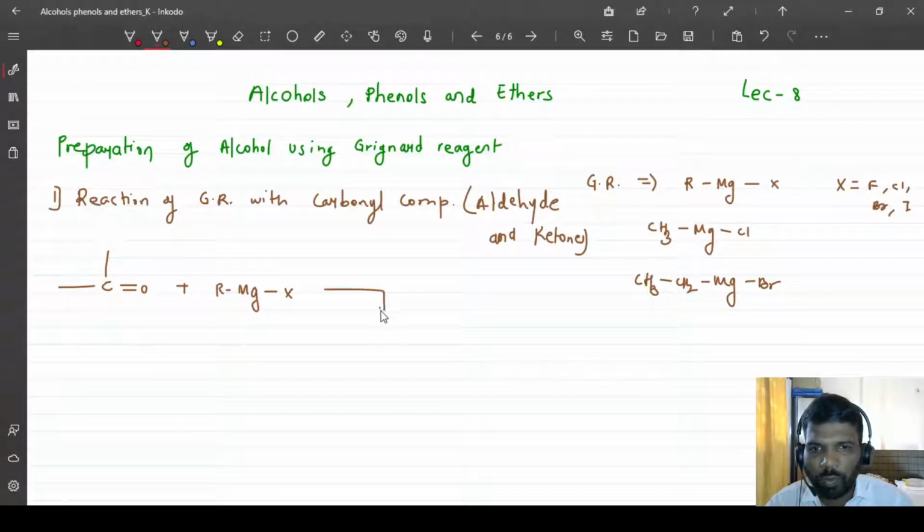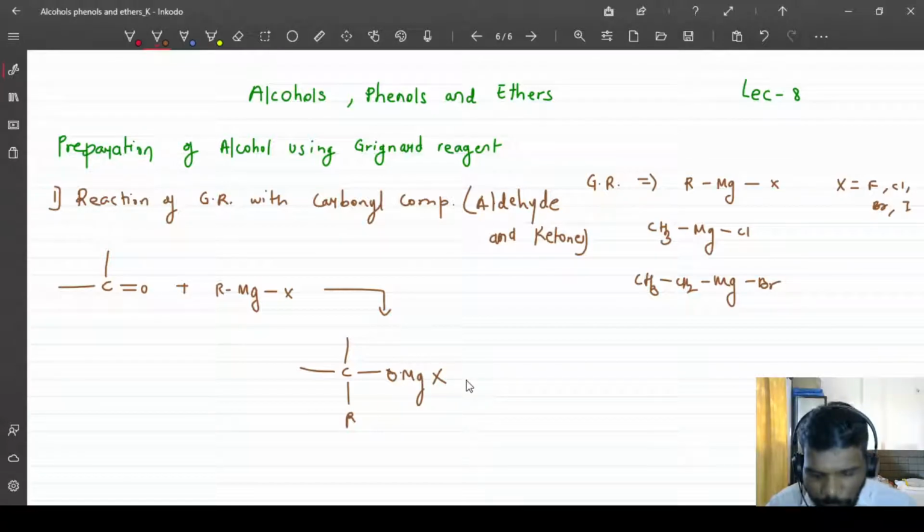The product we get is, see, these two bonds are intact. Here this is negative. First I will write this: we are getting OMgX. Further, I do the hydrolysis, which is breaking of bonds using water.